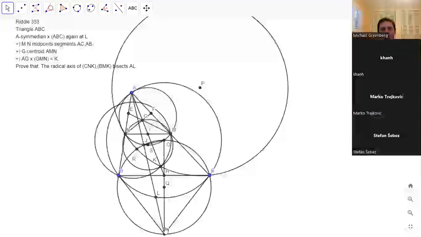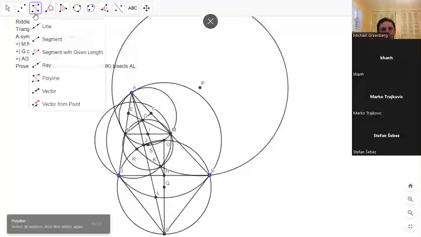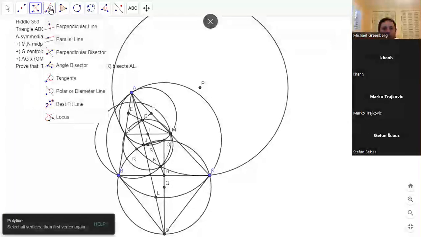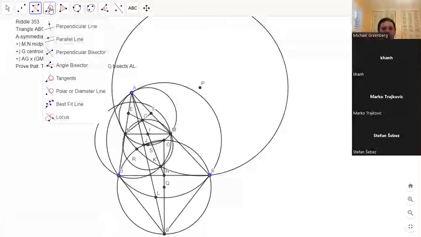Okay, we know these rays are isogonal, at least. I wonder what the isogonal conjugate of K is.